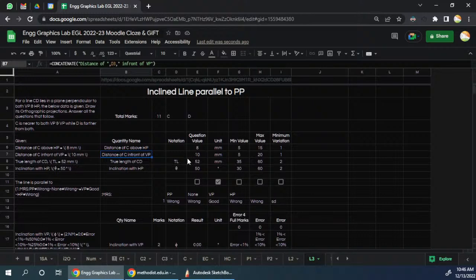So one angle is going to be given, the other angle is naturally going to be 90 minus that particular angle. So we could give the inclination with HP, we could give the inclination with VP. It's going to be very difficult, right?